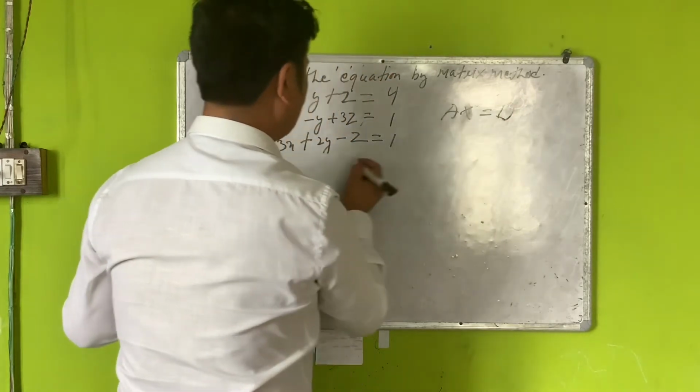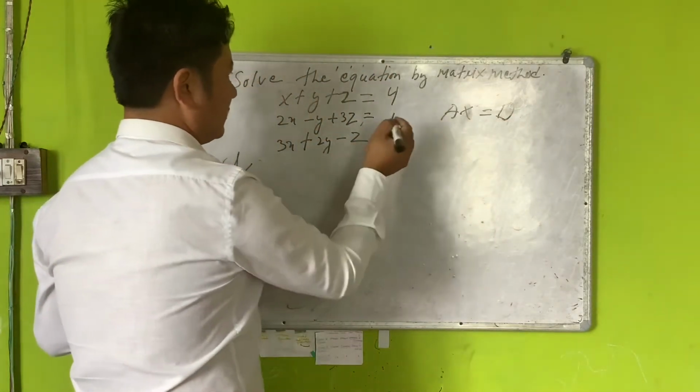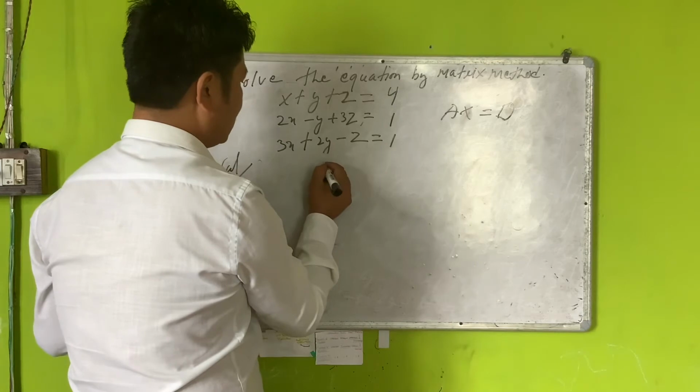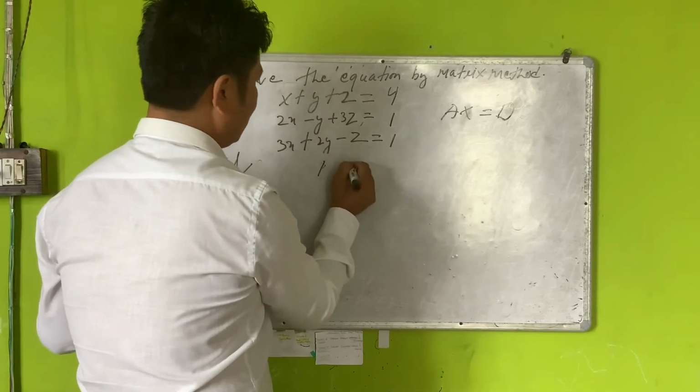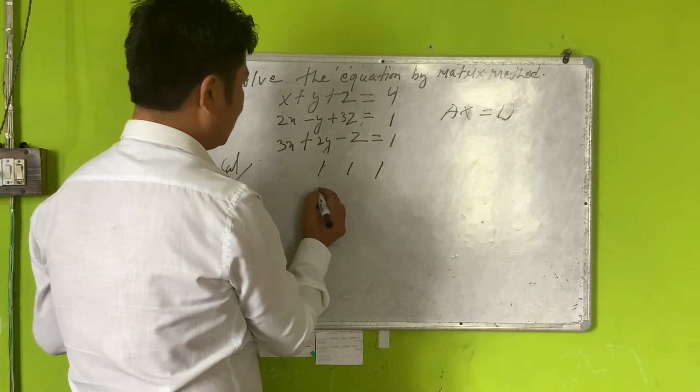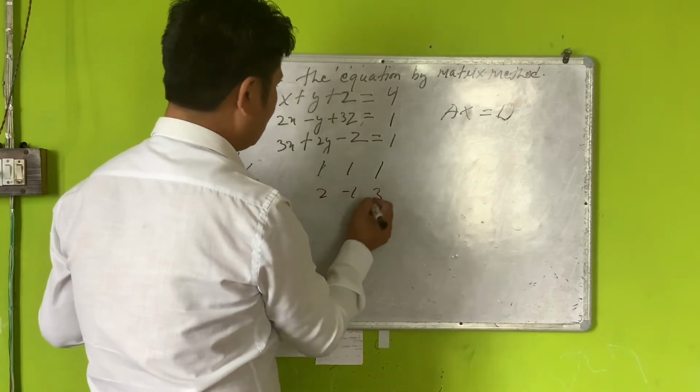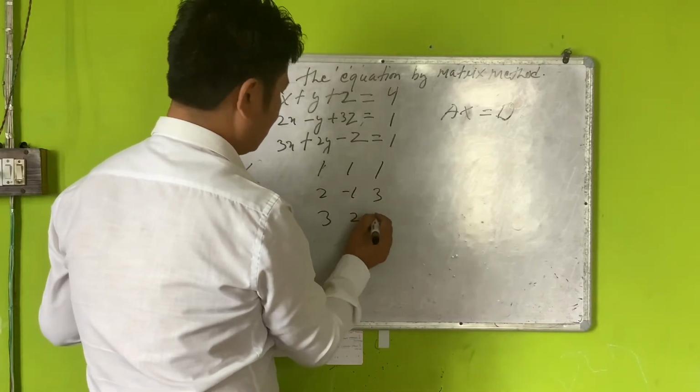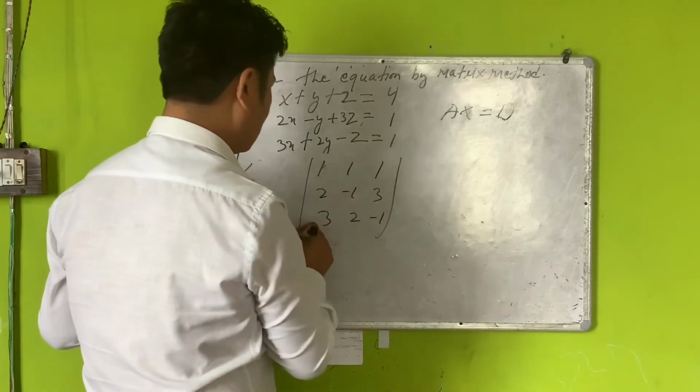Here A is your coefficient matrix, that is 1, 1, 1, because nothing is given, you have to assume 1, 2, minus 1, 3, 3, 2, minus 1. This is your A.